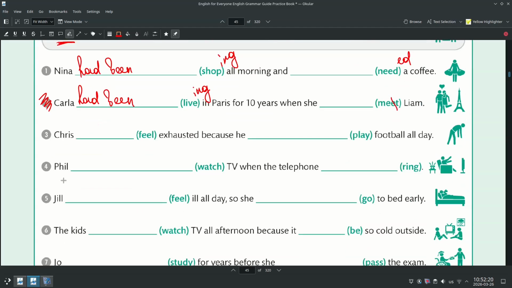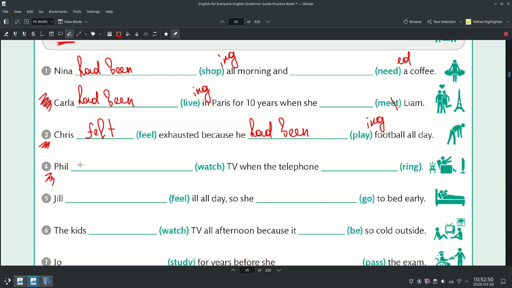Number 3. Chris feel exhausted because he play football all day. Chris felt exhausted because he had been playing football all day. Number 4. Phil watch TV when the telephone ring.